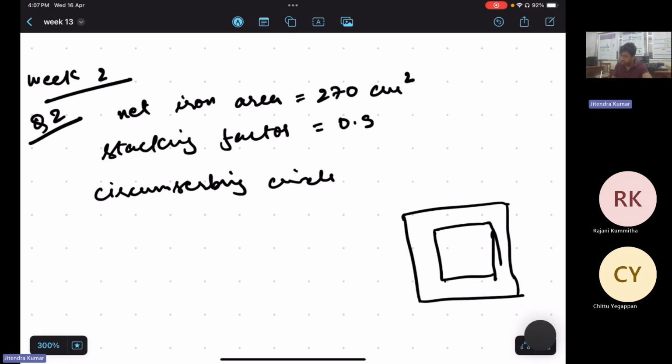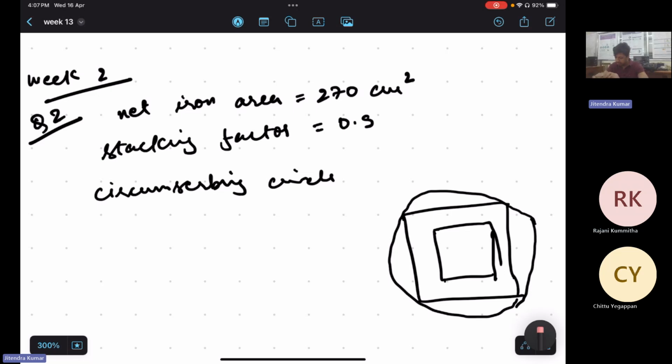It will be the circle covering this core, isn't it? Now we need to find the diameter of the circumscribing circle. If we could somehow find the area of this cruciform core or this circle, then we can find the diameter, isn't it?